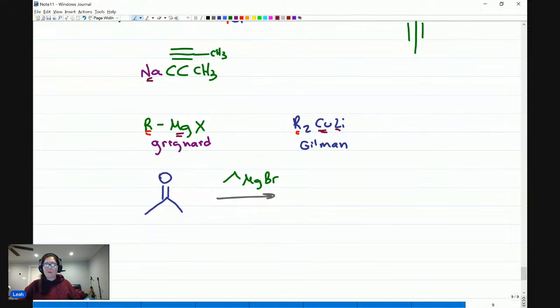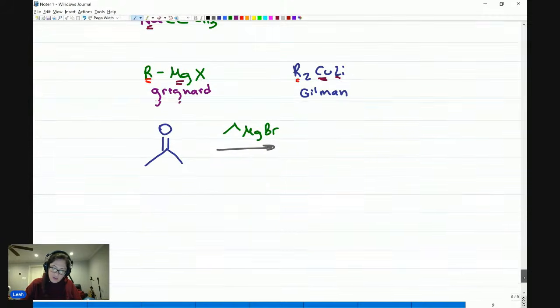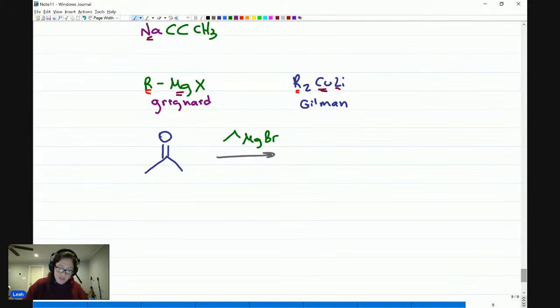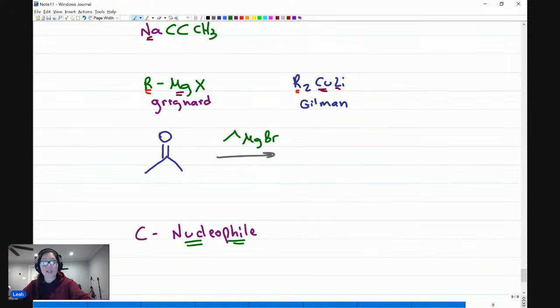The key here is if we have carbon doing the attack, that carbon is going to act as a nucleophile. That is what drives your chain elongation reactions when the carbon does the attack. So a carbon nucleophile, well, first let's break it down to see what a nucleophile is. Nucleophile, that means nucleus loving.